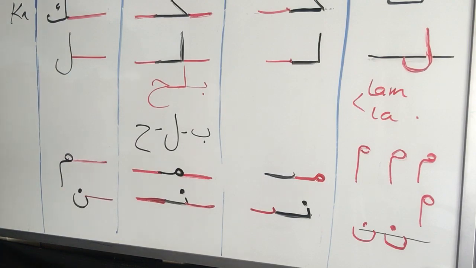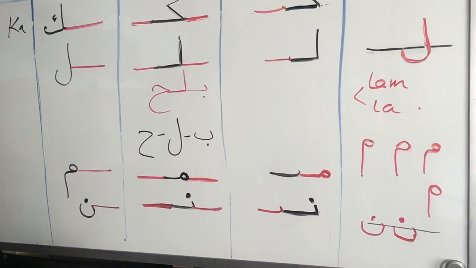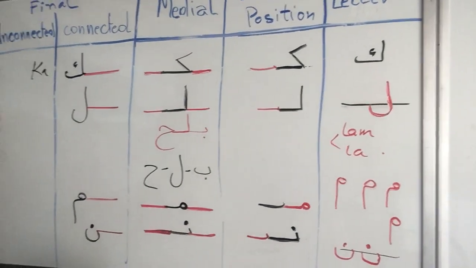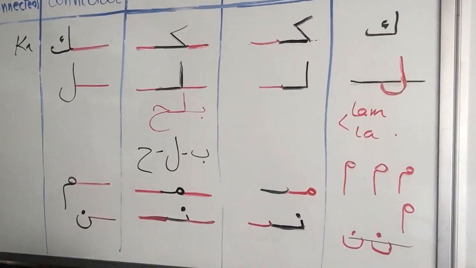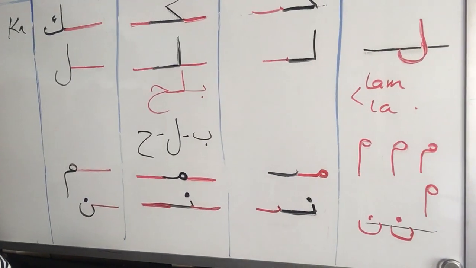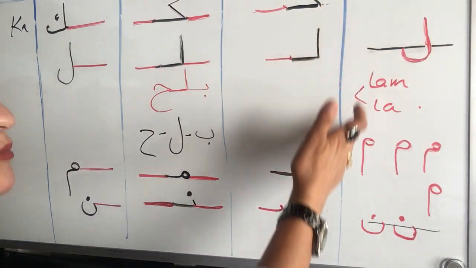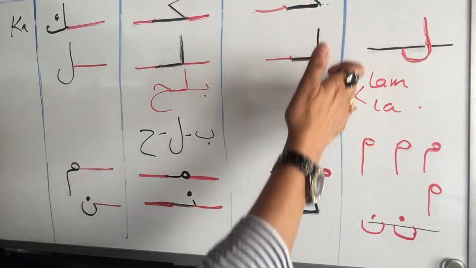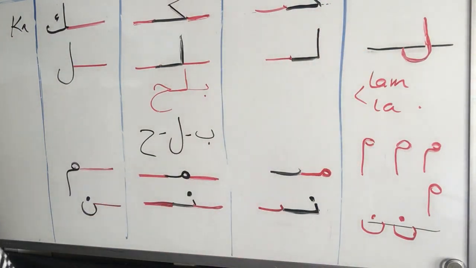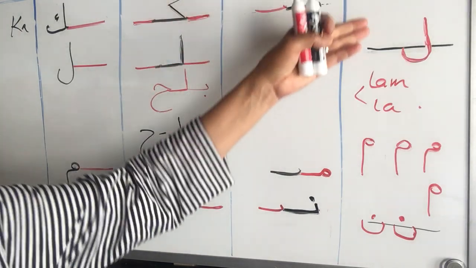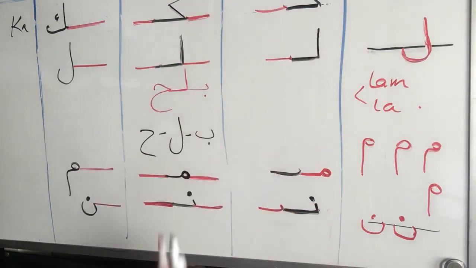Okay, guys? So you have ka, la, ma and na, or kaf, lam, mim, nun. Kalamana. If I connect this, I can make a new word in Arabic.